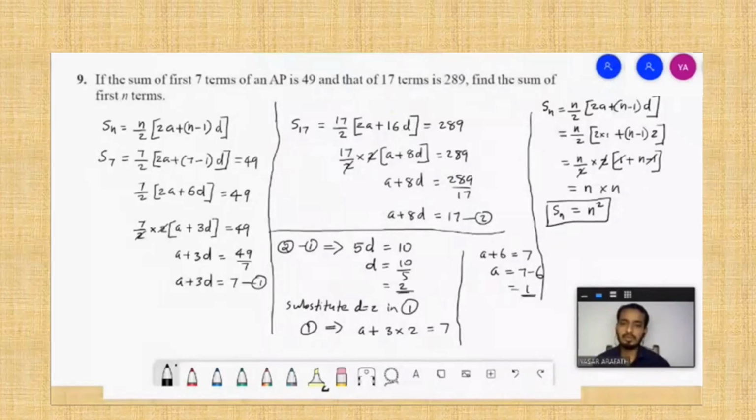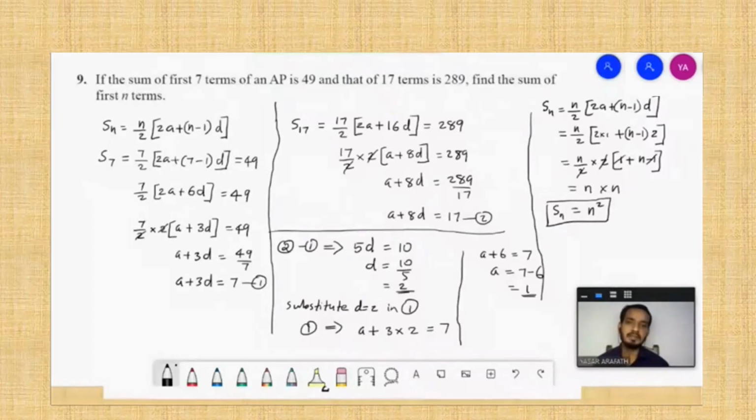So we got two equations in a and d. We solved this pair of equations, and we got a is equal to 1 and d is equal to 2. We substituted these values in Sn. So the formula reduced to Sn is equal to n square. For this particular arithmetic progression, to get the sum of first n terms, we need only to square the position number.